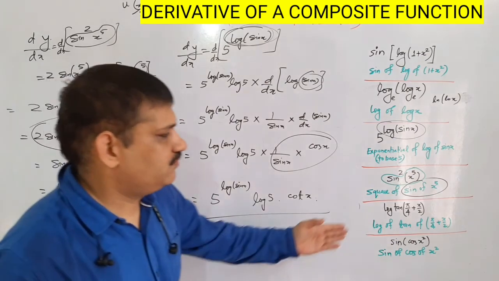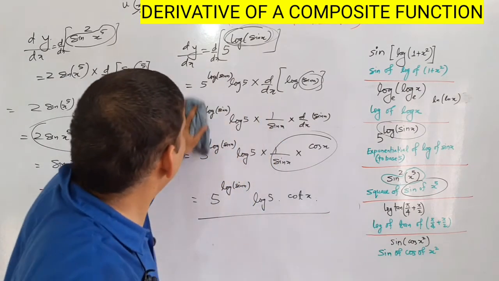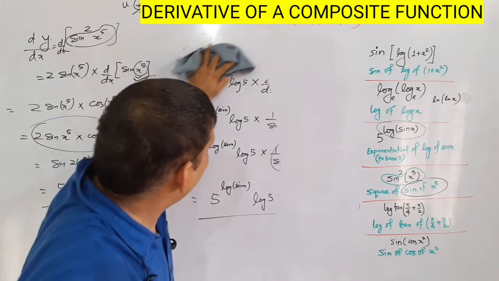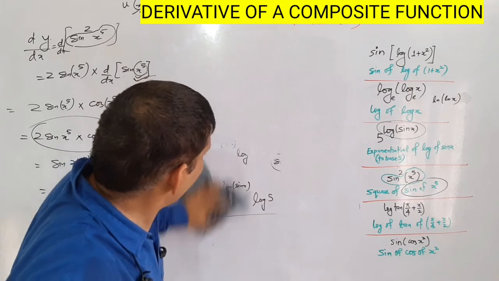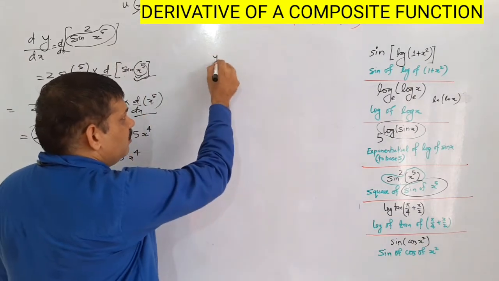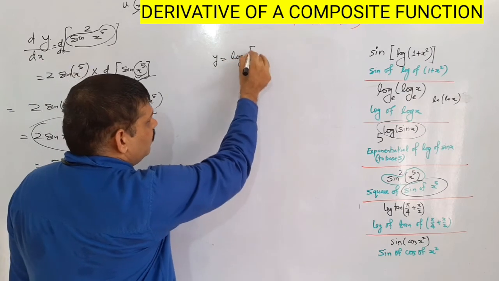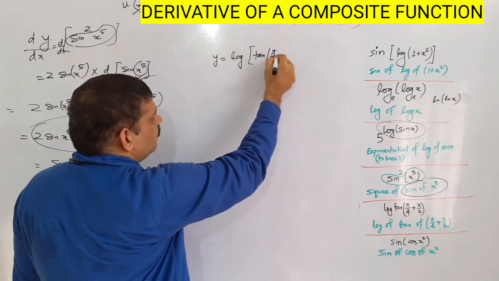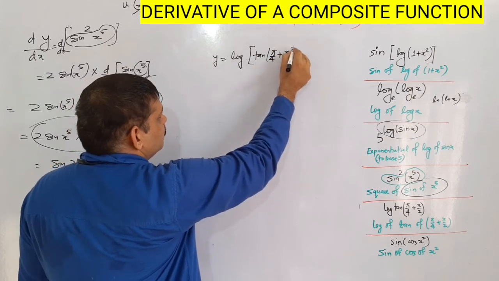Talking about this, very simple it is. Read it as a function of function, let it be u or simply the function of a variable. See here, y is log of a variable. Log of what? Log of a variable, 10 pi by 4 plus x by 2.